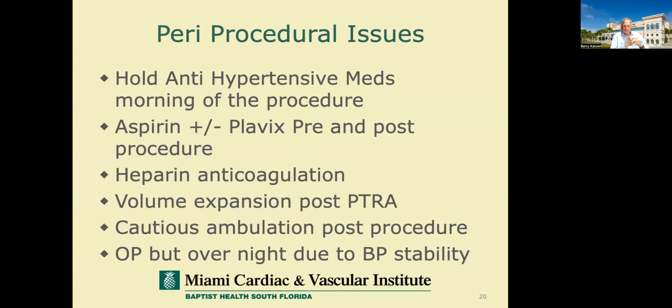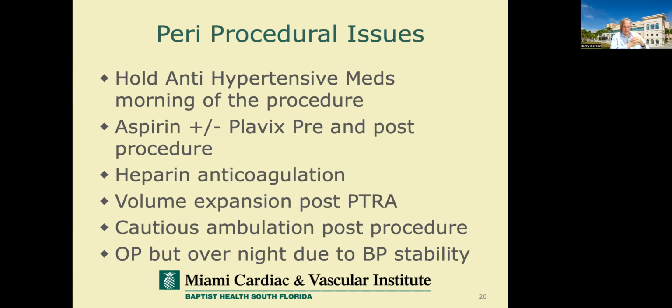Now, managing patients with FMD and hypertension is really an art form in itself. We generally hold the antihypertensive medications the morning of the procedure, particularly the short-acting ones. Beta blockers we generally don't hold because they have long durations of action. It is important that patients be on aspirin plus or minus Plavix, antiplatelet agents, because women and particularly FMD patients are prone to develop blood clot and platelet aggregation.